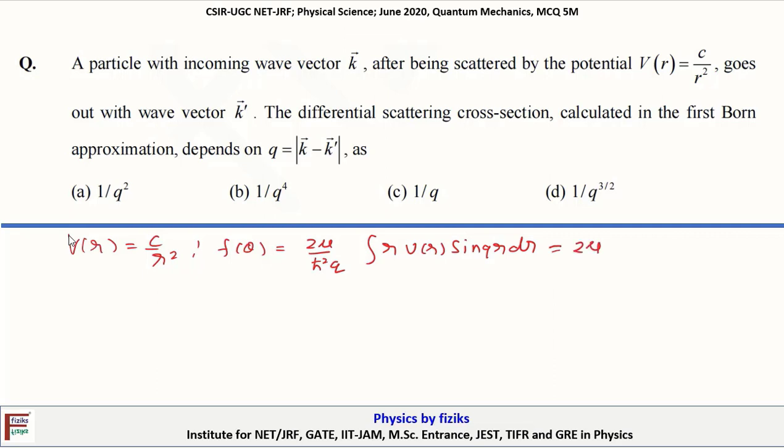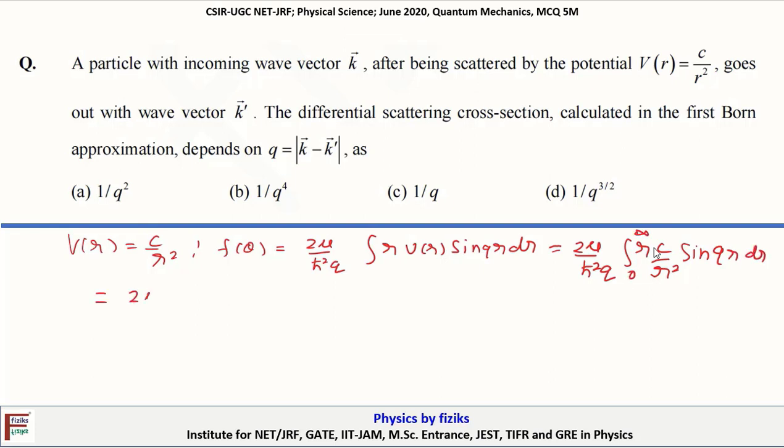Substituting the value of the potential, we will have ħ² q, c by r², sin(qr) dr, with limits 0 to infinity.